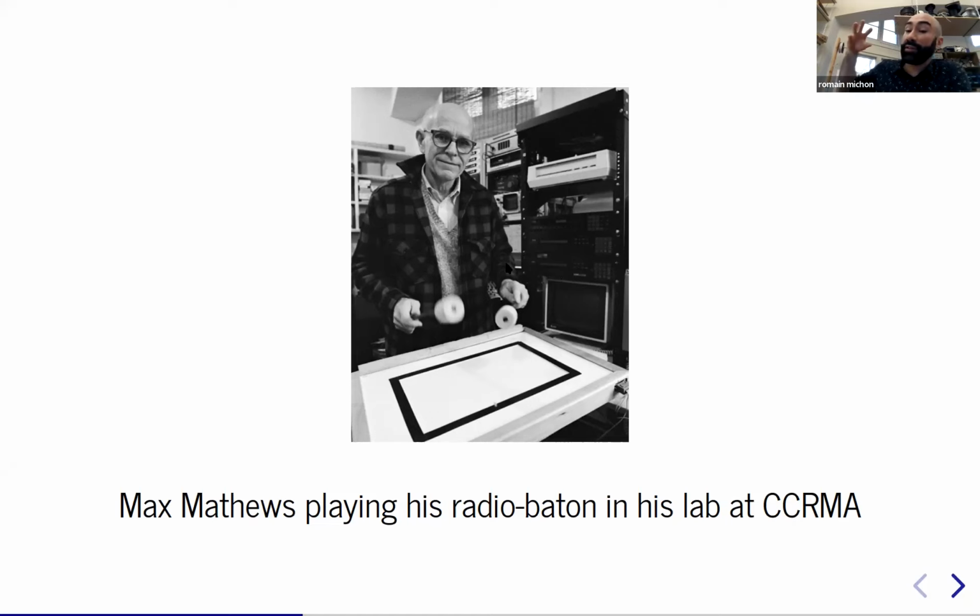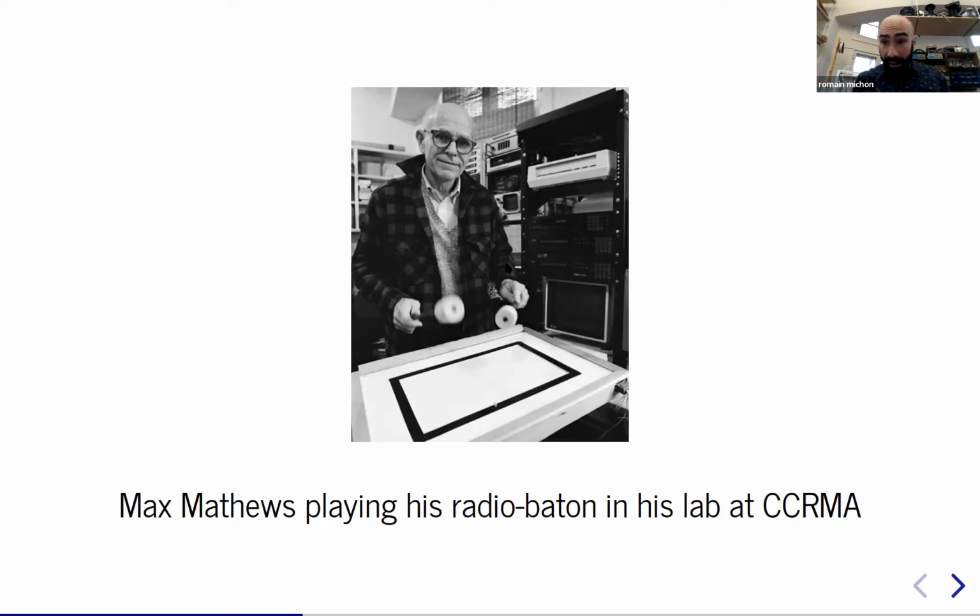And the reason why the lab where I'm standing right now is called the Max lab is because it's named after Max Matthews. So who's Max Matthews? I don't want to talk too much about this, but for those of you who've never heard of Max Matthews, he is the first person who synthesized sound on a digital computer in 1958. He was working at Bell Labs on the East Coast.